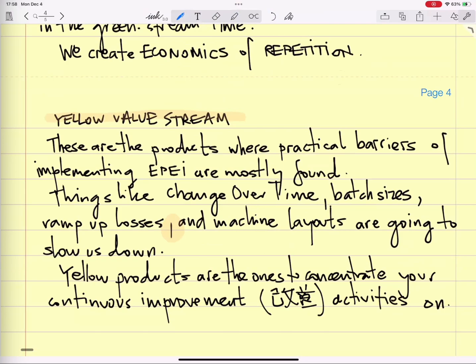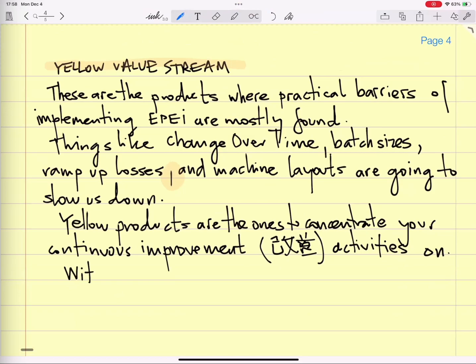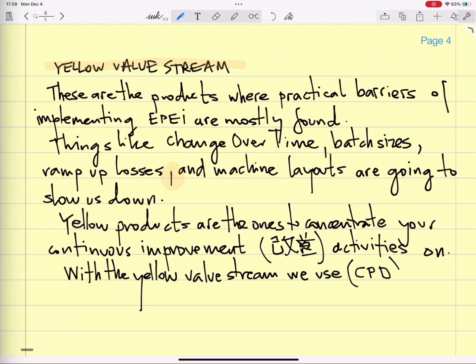So with the yellow product, or with the yellow value stream, we use cpDNA.